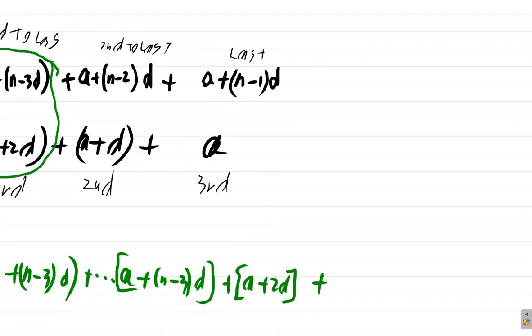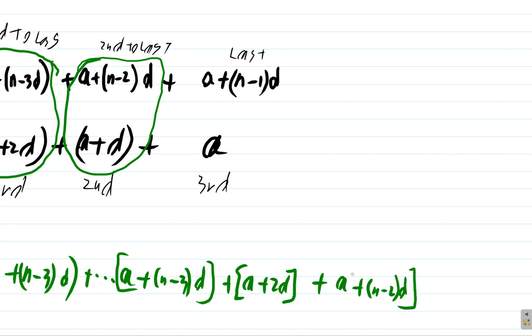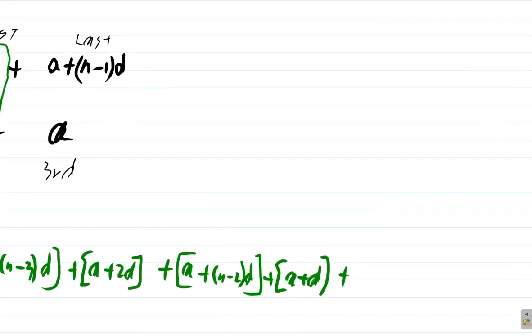We're going to add these two now. The second to last term plus the second term. So we have a plus n minus 2d, plus a plus d. Plus the final addition now. We're going to add the last term to the first term.